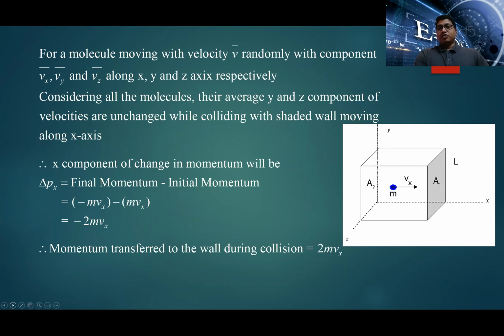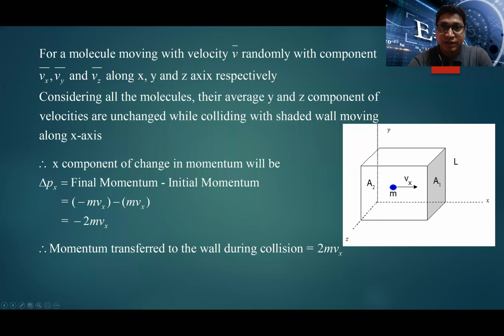Now we further assume, as we have discussed in our previous classes, that these gas molecules are moving in all possible directions with all possible speeds. So let's say the speed of this particular molecule is v. This molecule is moving with the speed v, and the components of v along the x, y, and z axes are vx, vy, and vz.